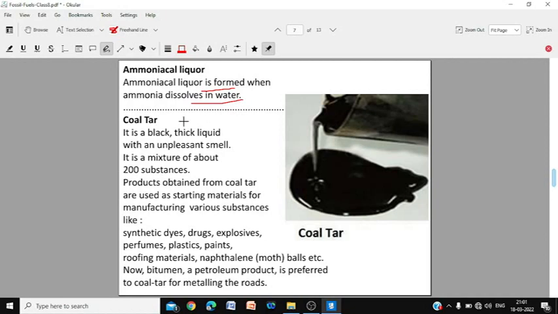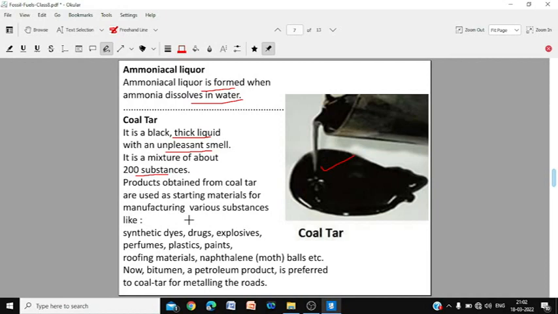Now the thick liquid, coal tar. It is a black, thick liquid with an unpleasant smell, as you can see here. It is a mixture of more than 200 substances. The products obtained from coal tar are used for various purposes.